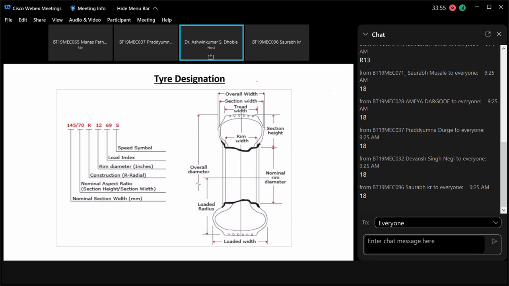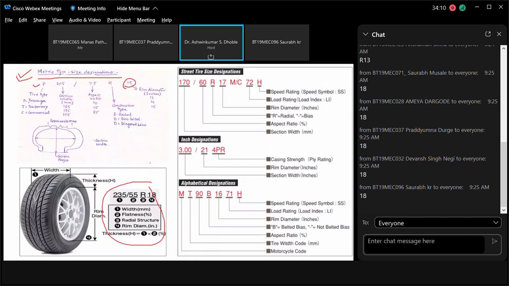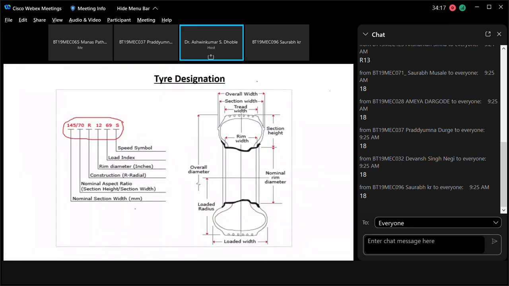Yes, the speed symbol we will not be following. This is only to make you aware that this is the number which will specify the description of the tire. So please use this number. Only this number is acceptable. Other numbers we will not be using. I have shown those numbers only to make you realize that different manufacturers may have different types of designation.